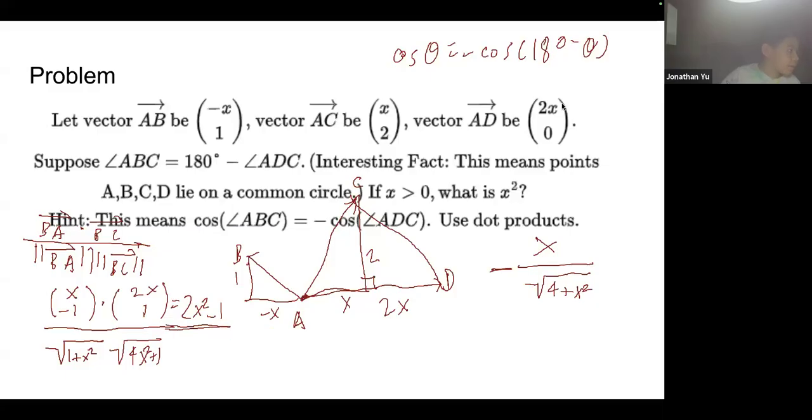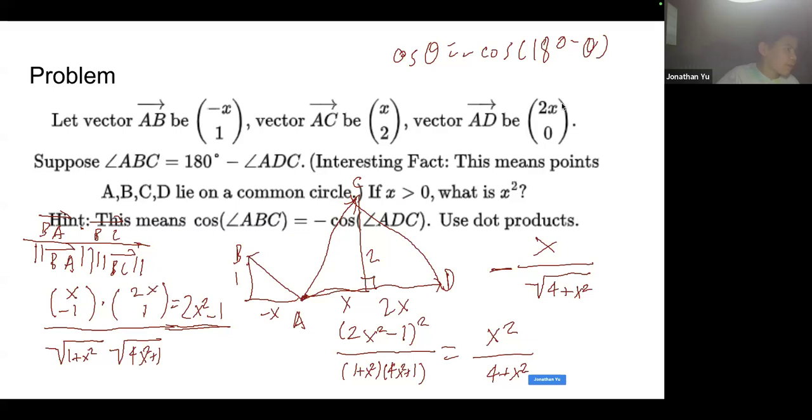And we want this to equal the negative of x over the square root of 4 plus x squared. So to solve this, we're going to square both sides of this equation, which gives us (2x squared minus 1) squared over (1 plus x squared)(4x squared plus 1) is equal to this squared, x squared over 4 plus x squared.